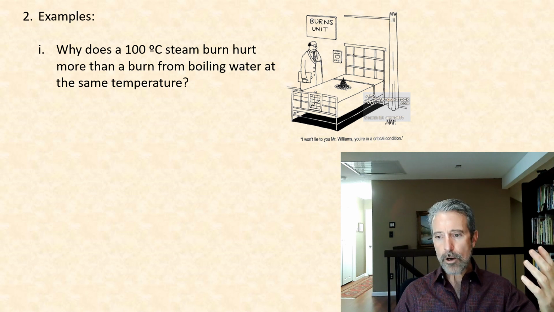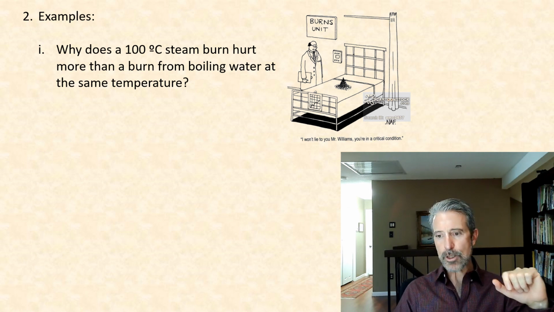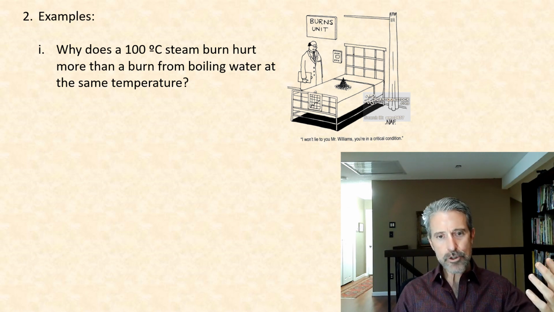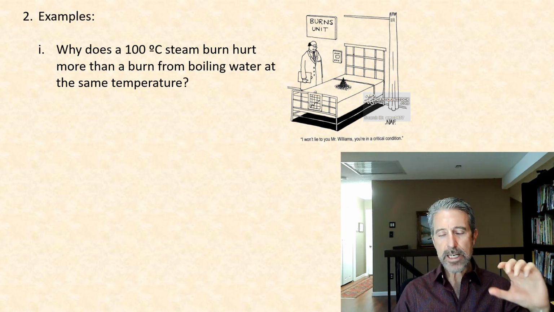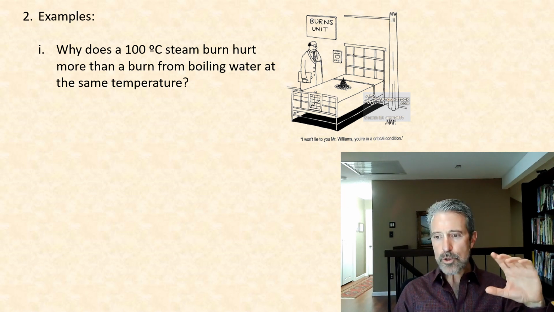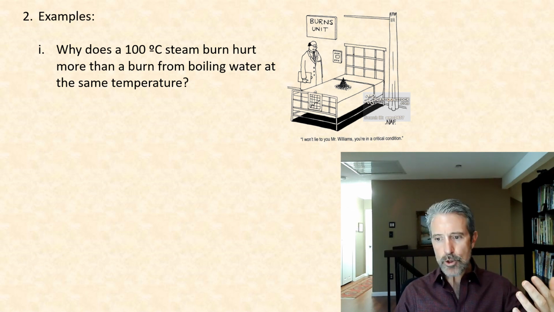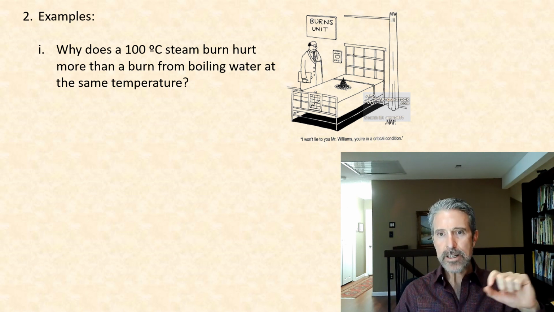The fact that those water molecules in a liquid state are at a high temperature, at 100 degrees Celsius, means that they possess a lot of kinetic energy. That's what temperature measures, right? It's a measure of the average kinetic energy of the particles. So if those liquid water molecules come in contact with your skin, they can certainly transfer some of that large amount of kinetic energy to your skin, thus causing a burn.